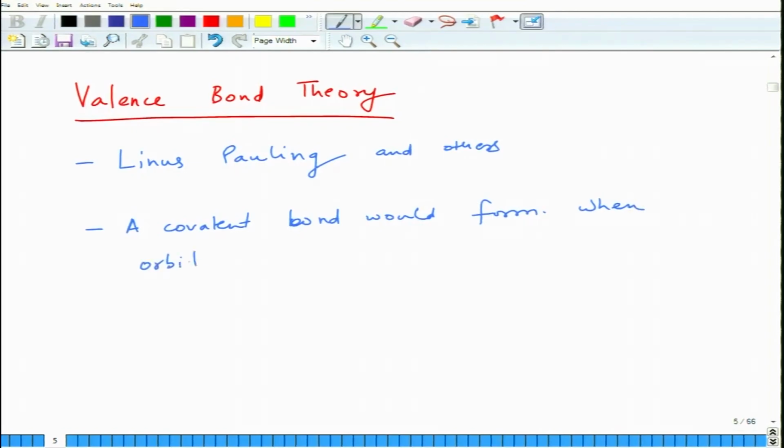so when orbitals interact. Now this valence bond theory has undergone several modifications. The reason for that is earlier atomic orbital interaction was fine, but there was no concept of orbital hybridization.